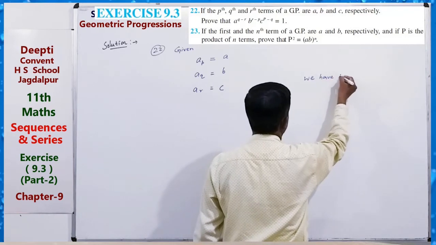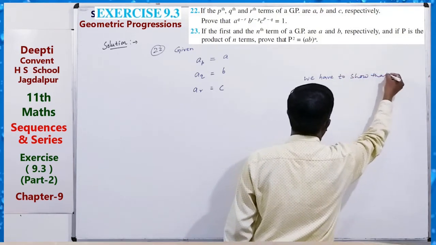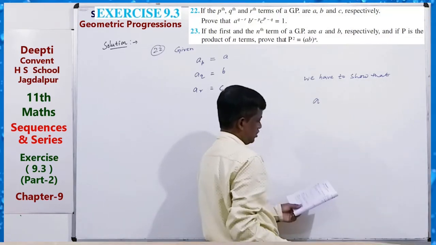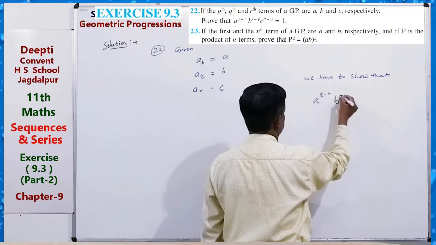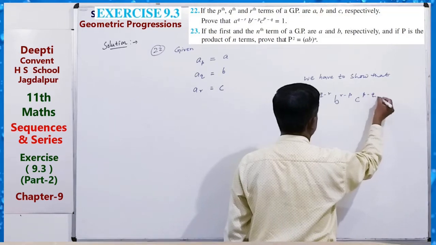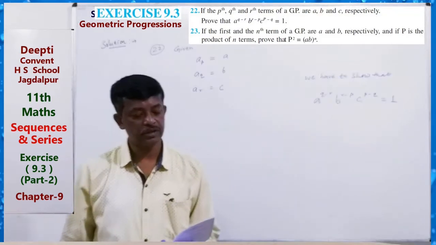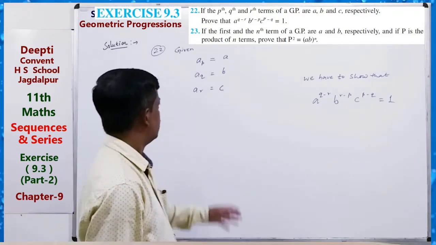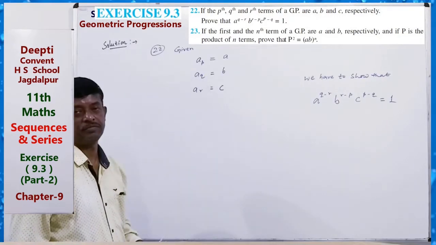We have to show that a^(q-r) b^(r-p) c^(p-q) equals 1, where these are the given pth, qth and rth terms.